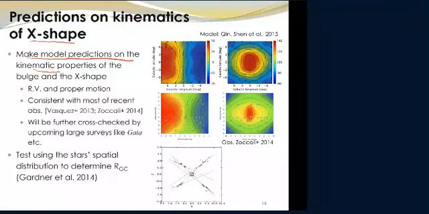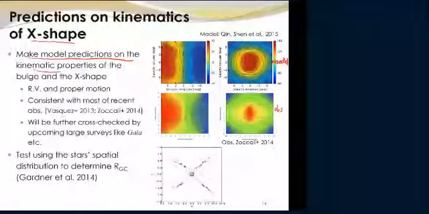The top is the model, and the bottom is some observation. They are not very different. This is line of sight velocity, and that's velocity dispersion. Pay attention, the velocity dispersion seems to be elongated in the vertical direction. We don't completely know why, and the observations also show a very similar structure.